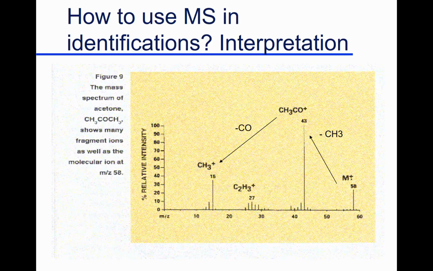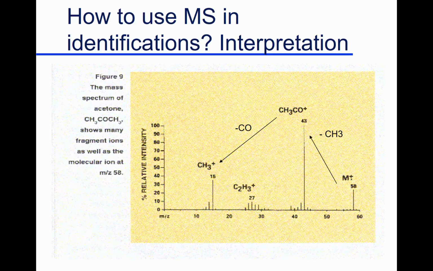This is a very, very simple spectrum. I showed you carbon dioxide before. This happens to be acetone. Here is the molecular weight of acetone, a mass of 58. And it readily gives up the methyl in this fragmentation. So 15 mass units down, here's another ion.